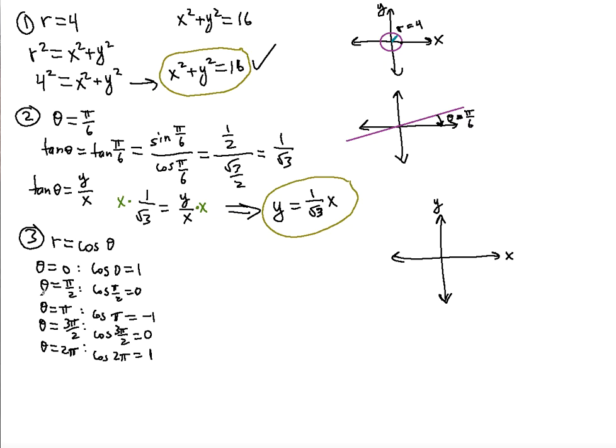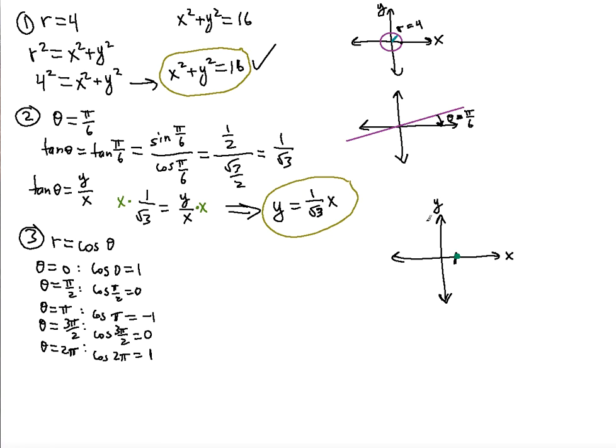So here, you might think, wait a second, if cosine of 0 is 1 and cosine of 2 pi is 1, then I'm talking about the starting point not being the origin from which the distance is measured, but actually, yeah. So we're talking about the radius at 0 angle being 1, so let's label it with 1 tick here. Okay, so the radius is 1 for cosine of 0.